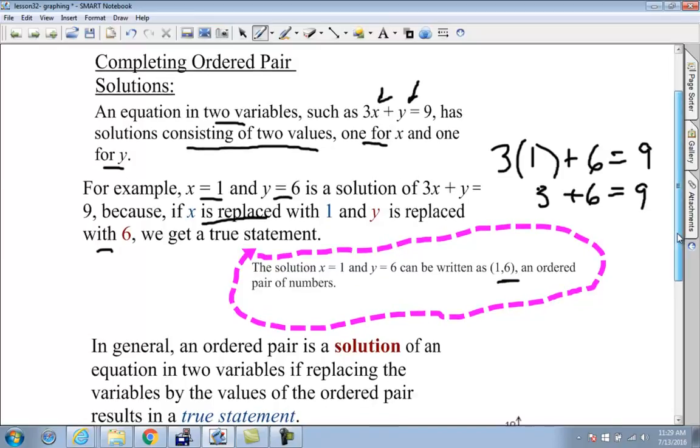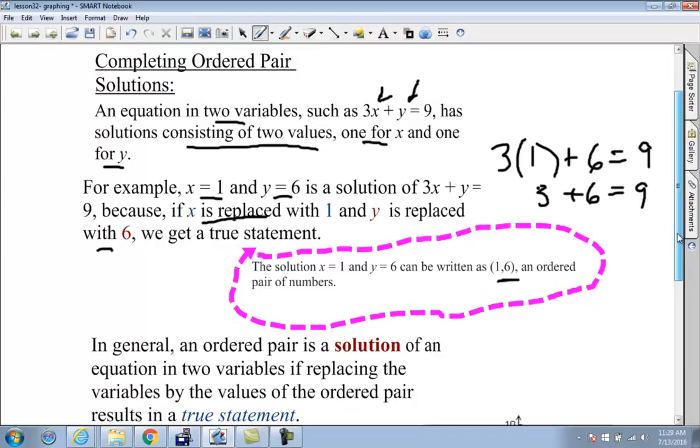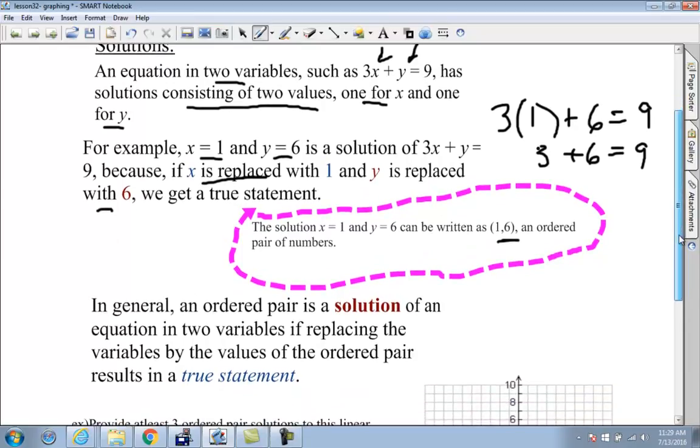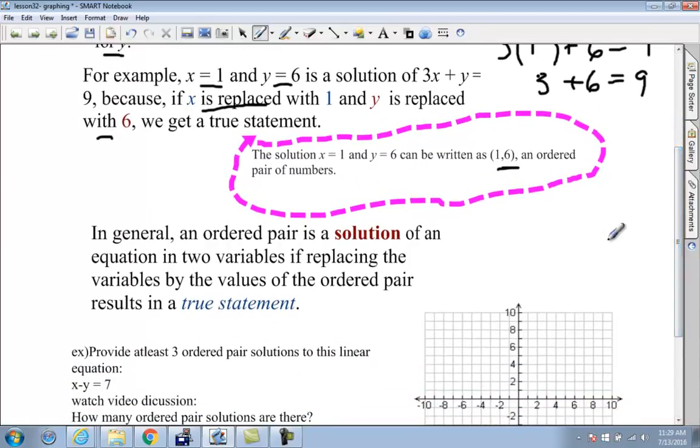You might be thinking, well, how many ordered pairs can I find that satisfy that equation? And it turns out there's an infinite supply of them. We're going to see that in a moment. In general, an ordered pair is a solution of an equation in 2 variables if replacing the variables by the values of the ordered pair makes a true statement.